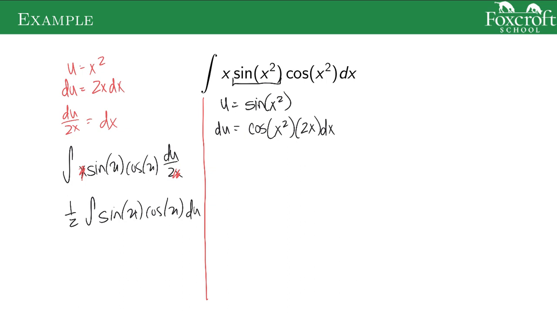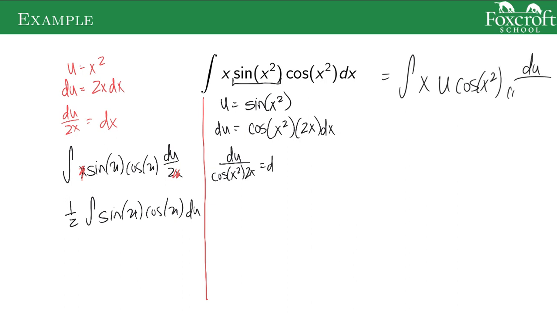All right, dividing over, du over all this stuff is dx. All right, so now my actual equation, x is there. I made this u. Cosine of x squared has not changed. And dx is now this complicated thing I found over here. And now a lot of stuff cancels out. The cosine of x squared cancels out, and that one single x cancels out.